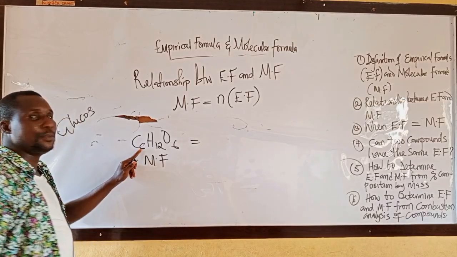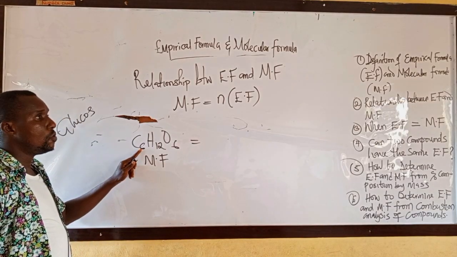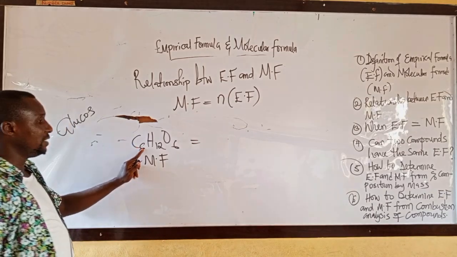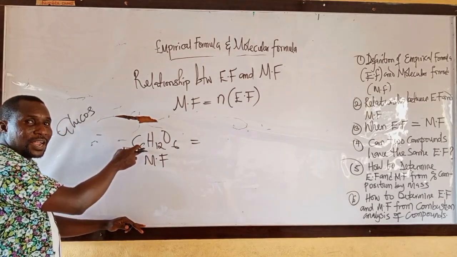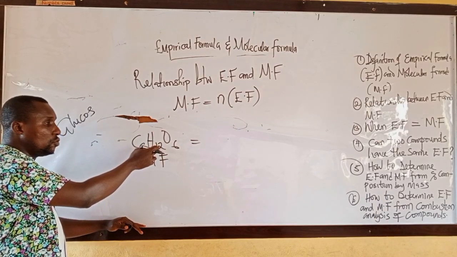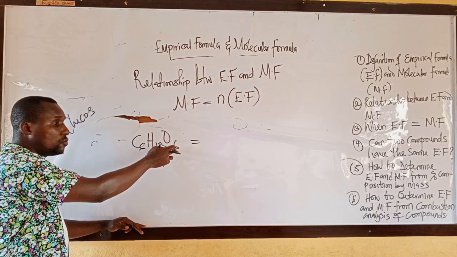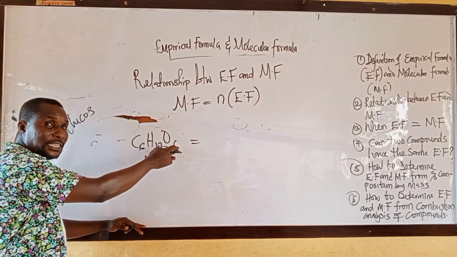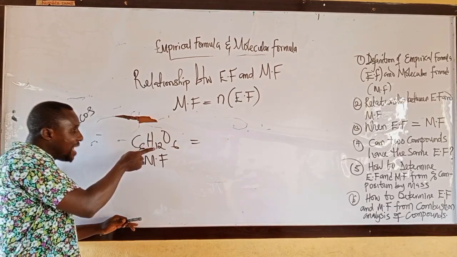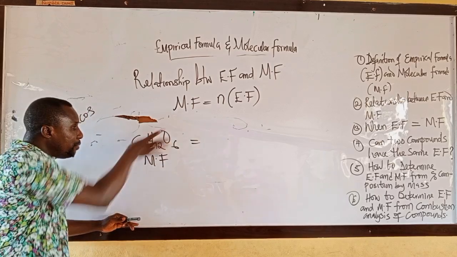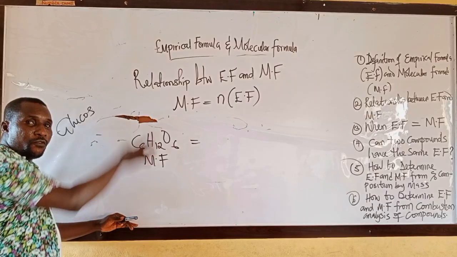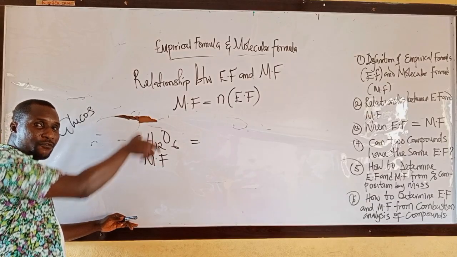The actual number of carbon atoms in glucose is 6. The actual number of hydrogen atoms in glucose is 12. The actual number of oxygen atoms in glucose is 6. These are the actual numbers of carbon, hydrogen and oxygen atoms present in glucose. That is why this is the real formula of glucose, which is the molecular formula.